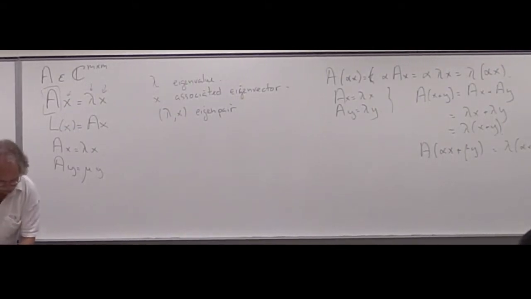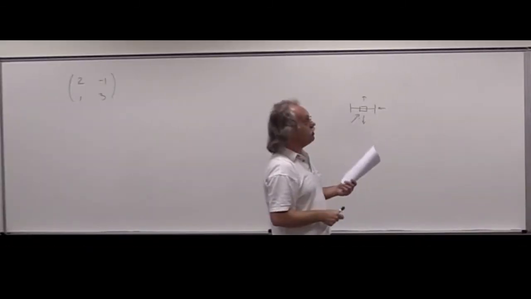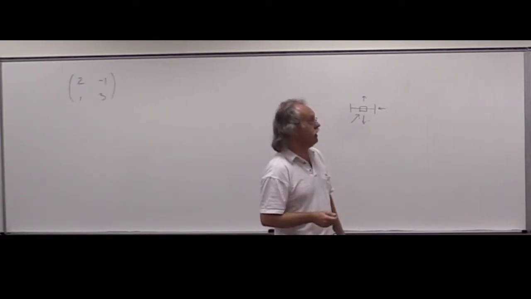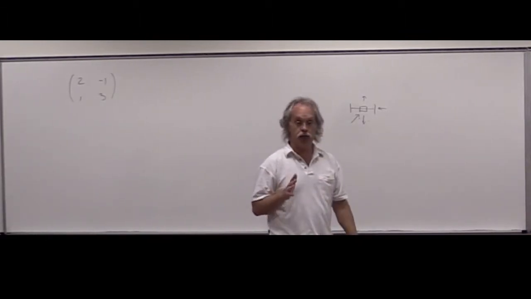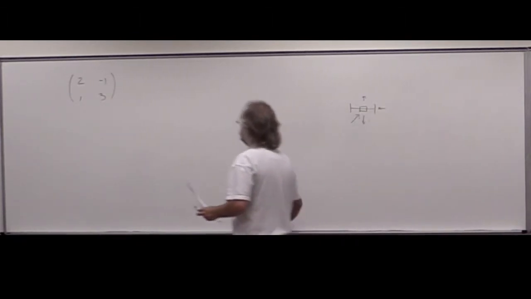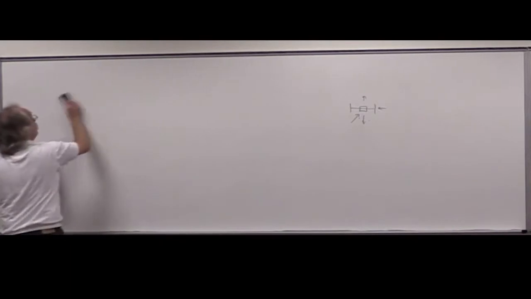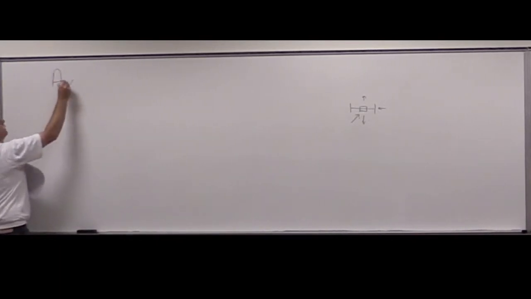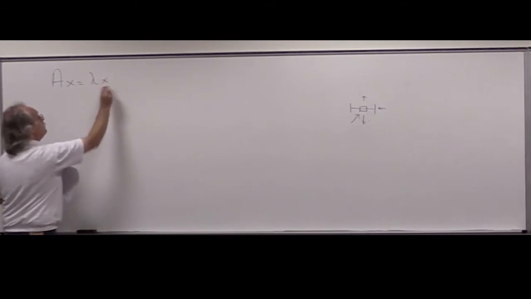Okay. So, now, there are different ways in which it becomes worthwhile to look at the problem. And the most important way to look at it is to say, we know that A x is equal to lambda x.